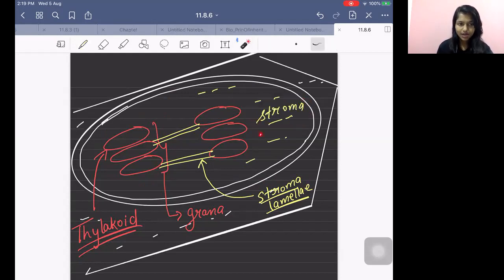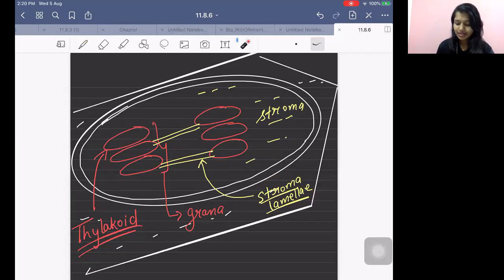So in the stroma, you get lamellae. Lamella is singular. If I talk about more than one lamella, lamellae is plural, more than one. Got it? Stroma lamellae or stroma lamella.